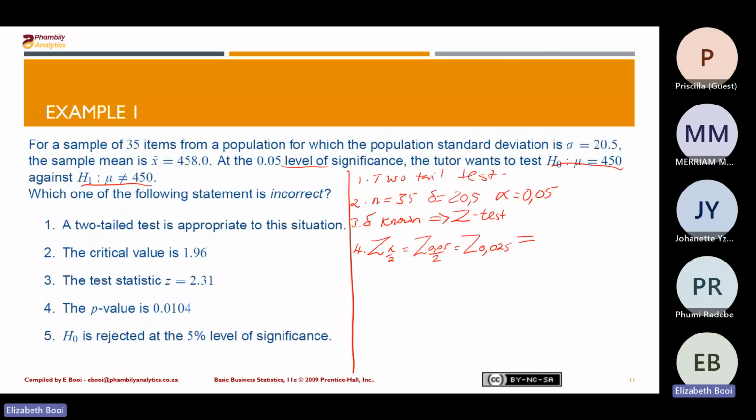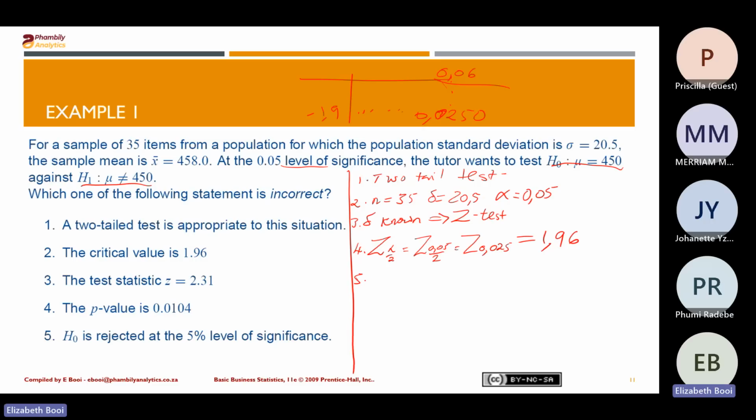I know this because when I go to the table and locate the values, I will find 0,0250 in the table. And when I go out, I'll find 1,9 on this side, and when I go out, I'll find 0,06. And that will be my critical value, 1,96.